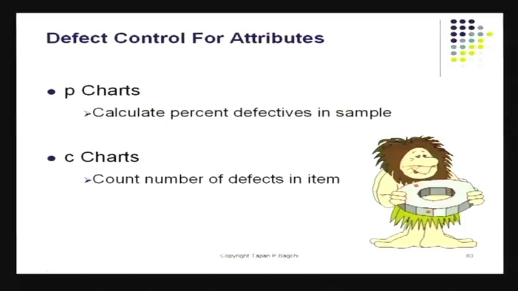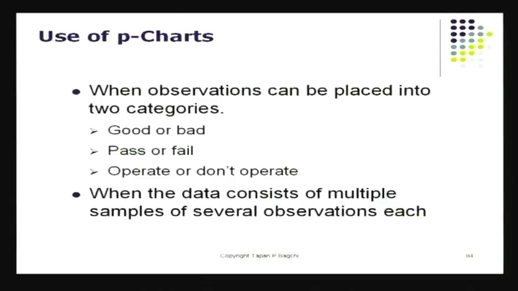I could do the same thing for the number of defective items in the sample. So, either I could do fraction defective monitoring, or I could do number of defectives found. Both of those could be done, and the charts are different. The first is the P chart and the C chart, and I'll show you the limits for these also.